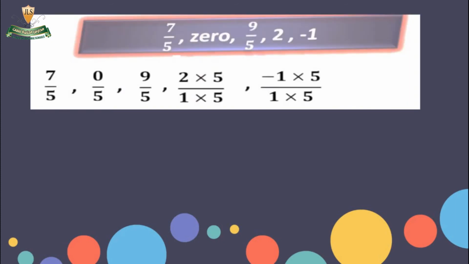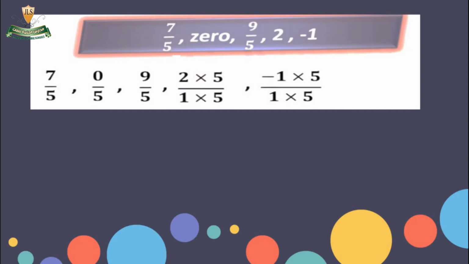At first I should convert all the given numbers into fractions that have the same denominator. I note that 7 over 5 and 9 over 5, so I try to convert all the given numbers into a number over 5.